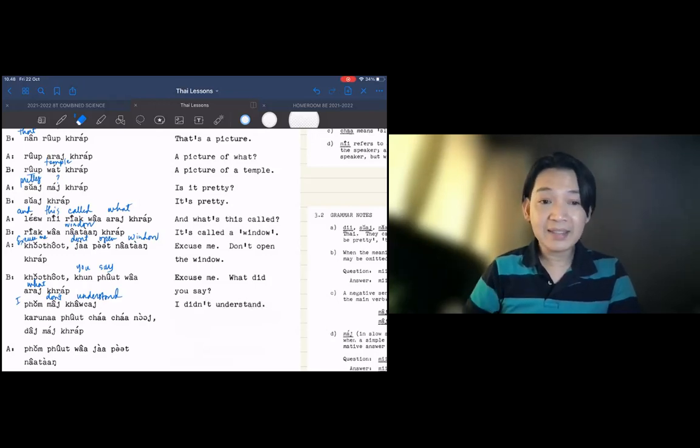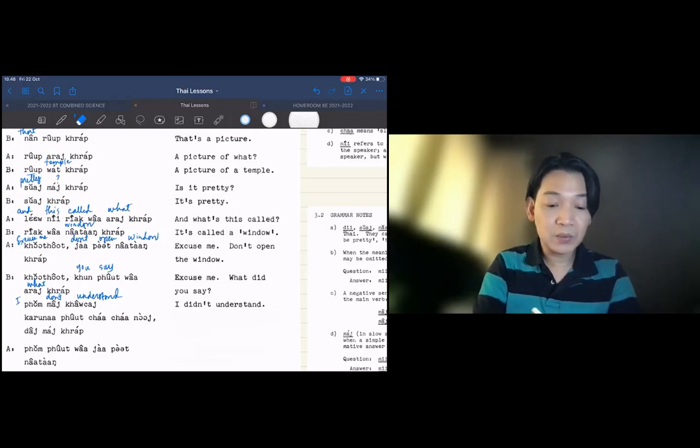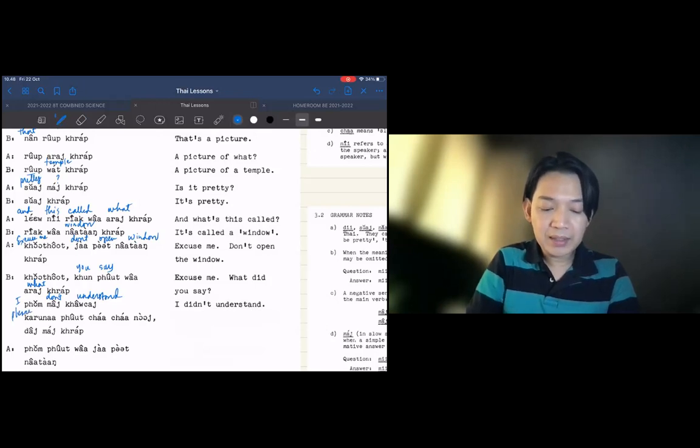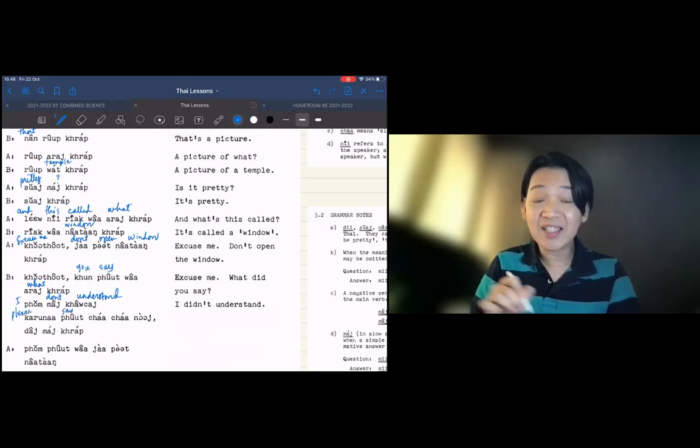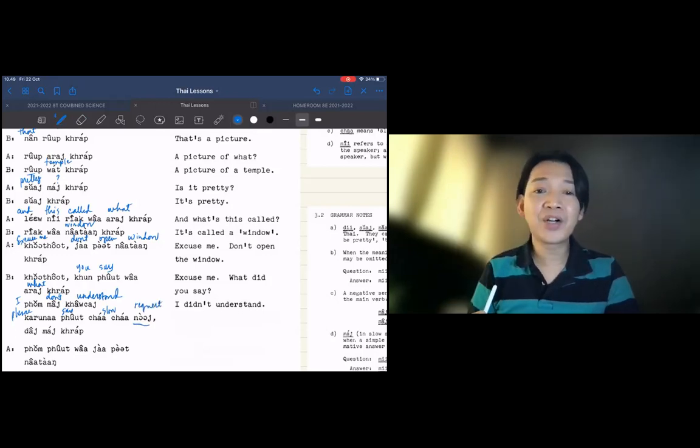And then the last sentence of speaker B here says, Karuna. Karuna is please. Put is say or speak. Cha is slow, slowly. So to give emphasis, you can repeat the word put cha cha, and then the word noi here is a request, so that it makes the verb a little more subtle.